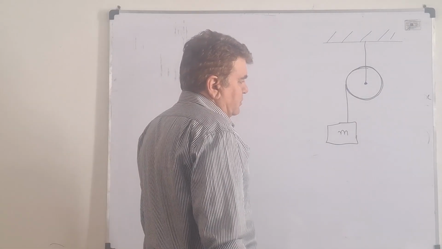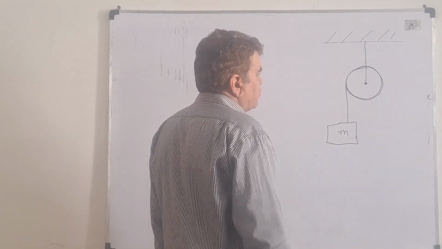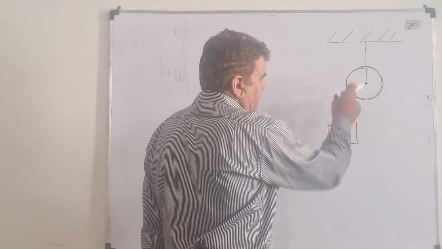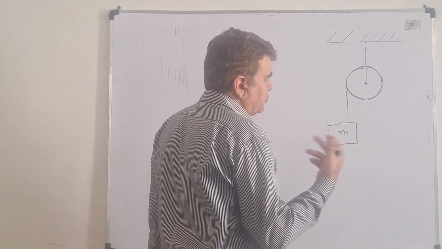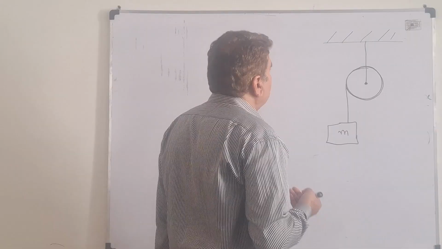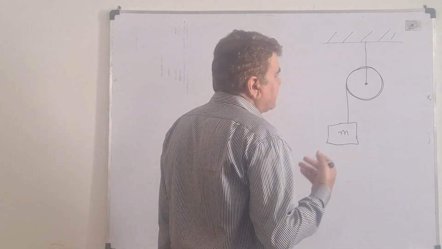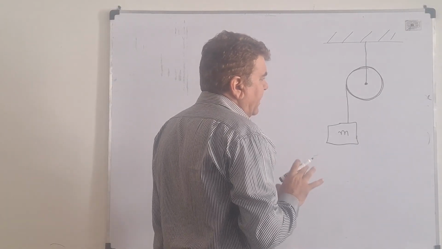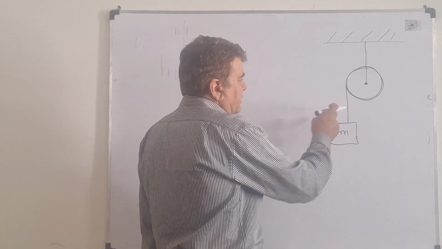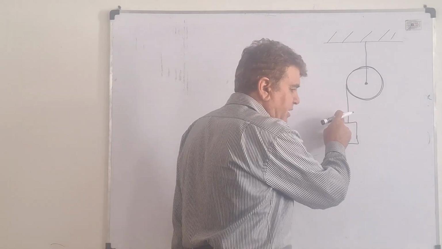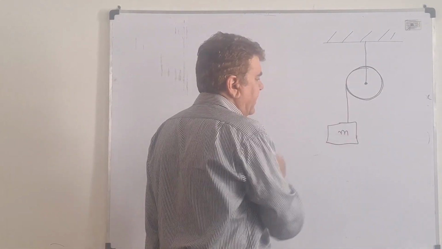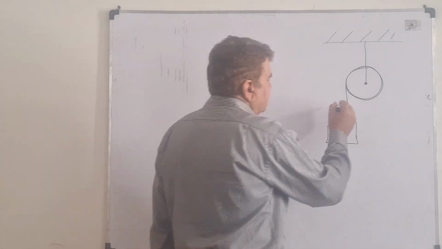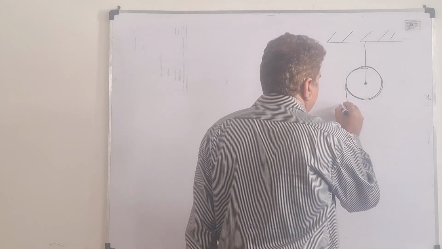And then obviously there are two different cases, whether we consider the mass of the pulley to be negligible or the mass of the pulley is considerable. So that is one case. In the second, whether the string is extensible or inextensible, and I consider that the string is inextensible.